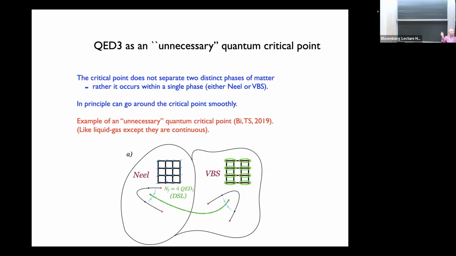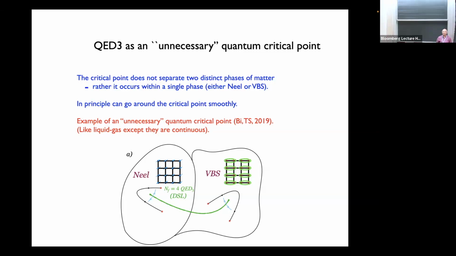So any term you put in the Hamiltonian that you're allowed to put in the Hamiltonian will have some overlap with this operator. So S dot S, summed over the four bonds, for instance, will overlap with this.